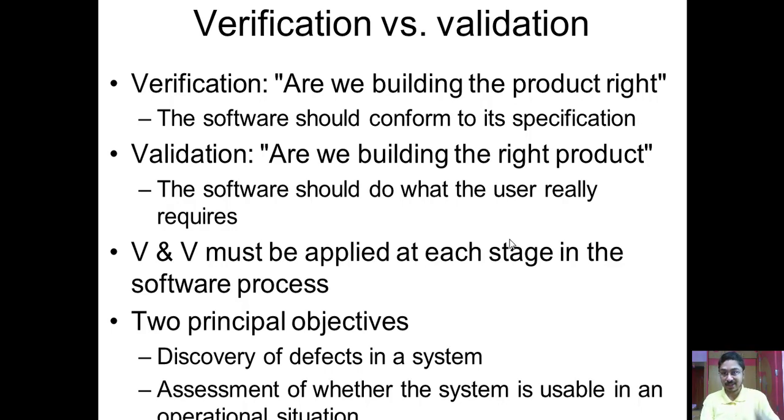So there is a sentence: are we building the product right? It means the way we have chosen to develop the product, whether it is right or wrong, we have to check in verification. In verification, the software should conform to its specification. So here our attitude will be to check the software against the set standards.